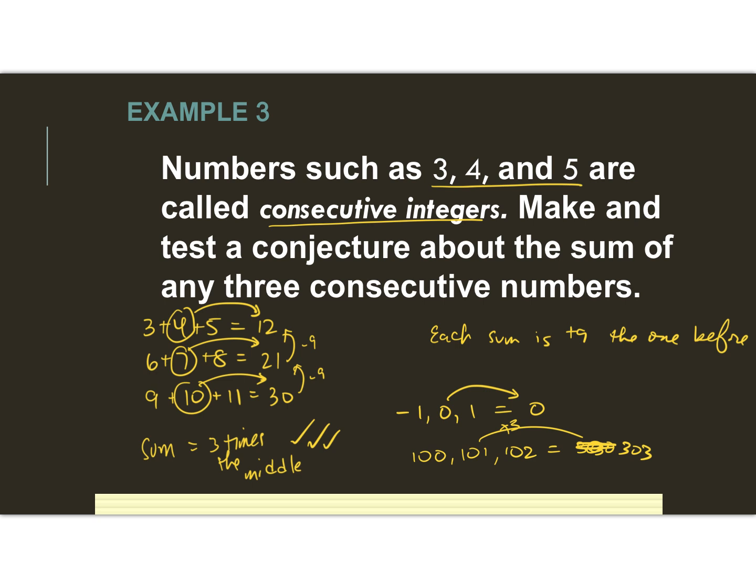For the other one, let me try to find something that doesn't work, right? Well, maybe if I did 97, 98, and 99, I get 294, and notice that it is -9 or +9 in the other direction.